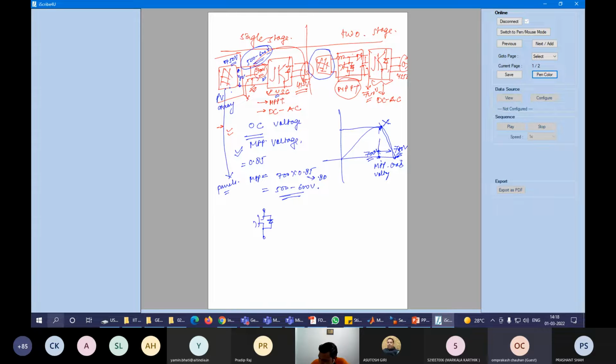So you have to design your switch as per 750 or 800 volt, and it will also include the safety margin. 25 to 30% safety margin we have to take.